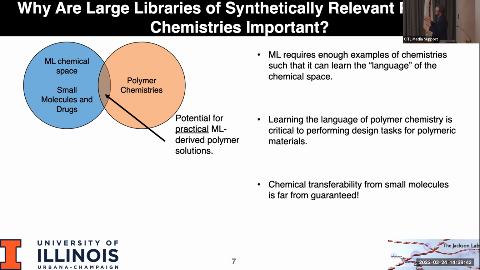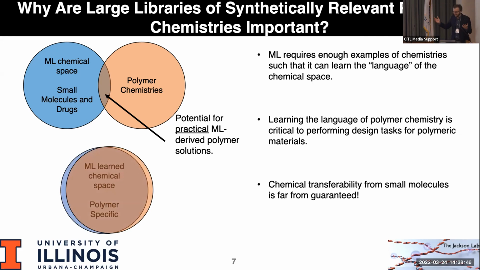So what we aim to do is build a data set that increases this overlap, so that we have chemical diversity from small molecule data sets, but at the same time we also feed in a lot of common synthetic polymer chemistries, such that we can actually reach desirable parts of chemical space that are accessible synthetically for, say, a polymer chemist.